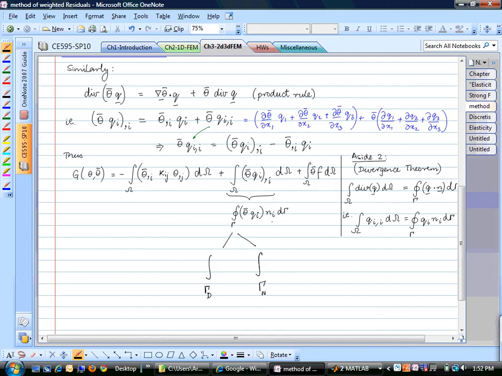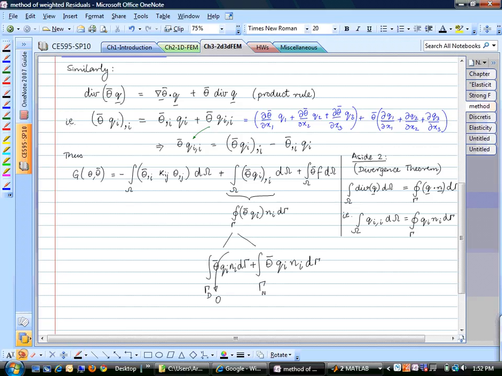So if we do that, all that we have left inside is q_i times n_i d gamma, plus the same quantity on the rest of the boundary. So we will have q_i n_i d gamma, and we say that on gamma d we are going to choose theta bar to be 0.